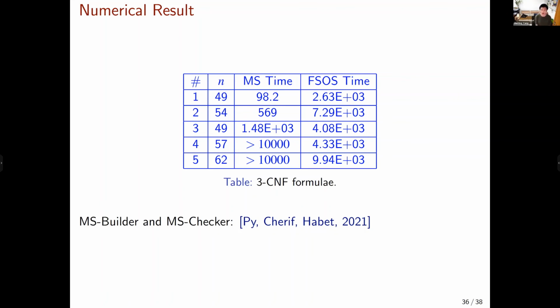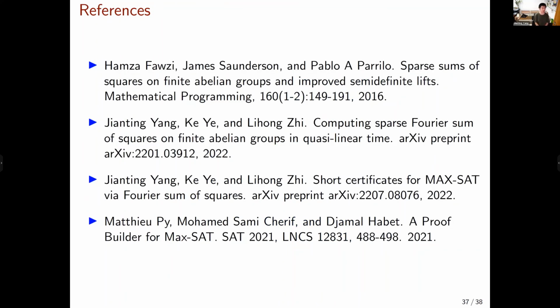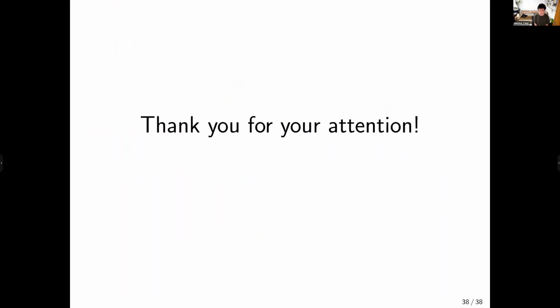However, the time cost of our FSOS program is quite stable, and it doesn't increase, so we may compute larger problems, and this is our reference. Thank you for your listening.